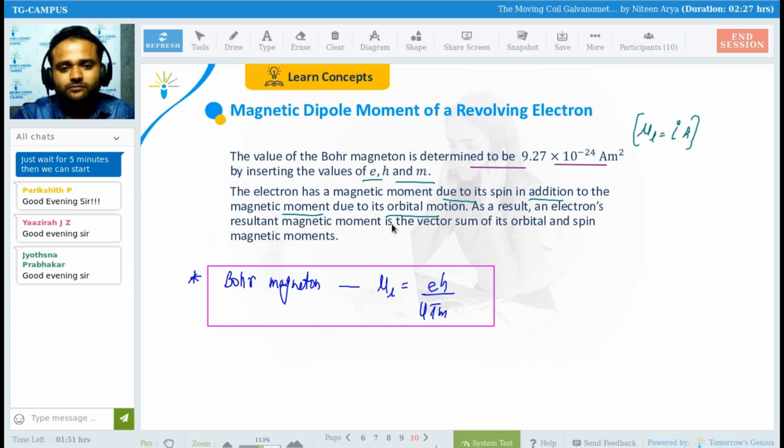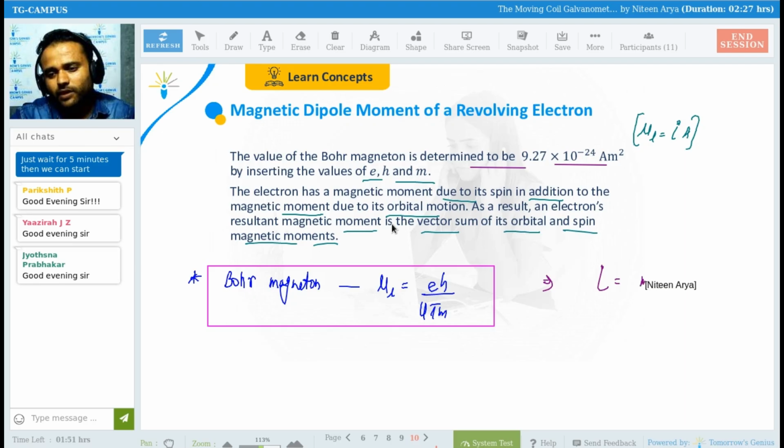As a result, an electron's resultant magnetic moment is the vector sum of the orbital and the spin magnetic moments. That is a little bit deeper, but I can teach you guys. So net magnetic moment is mu L plus mu S.